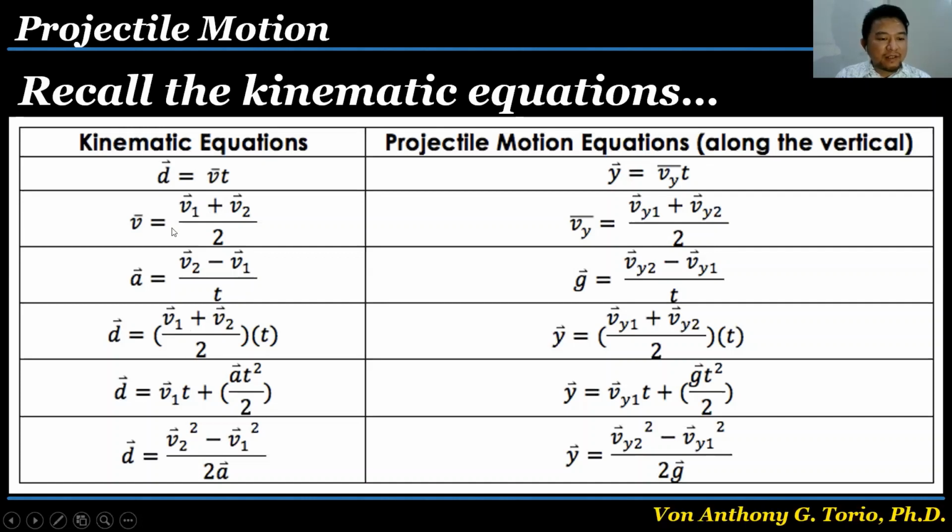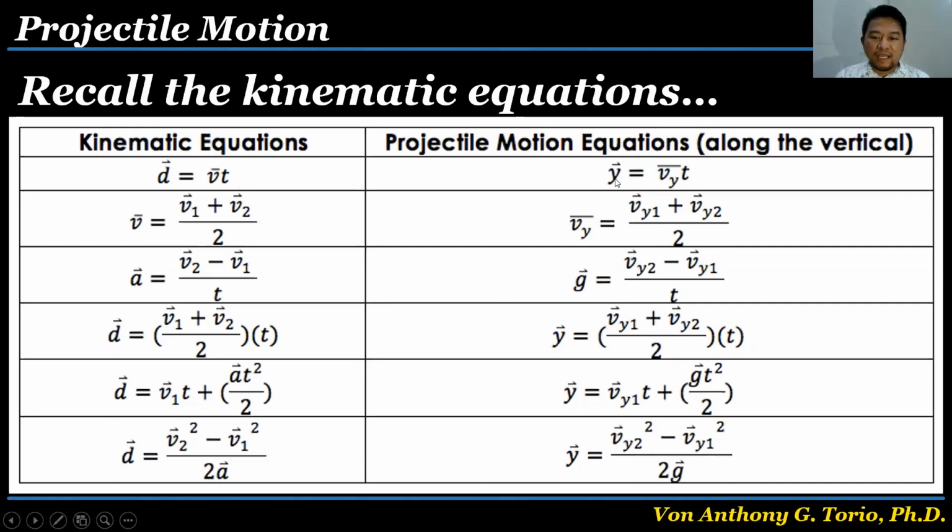Equation 5 is a combination of all three, as well as equation number 6. Now, if we are to change our equations here and contextualize them to projectile motion, there are changes that we can consider. Say, if it's the vertical motion that we are to calculate, we would get y is equal to v_y average times t.